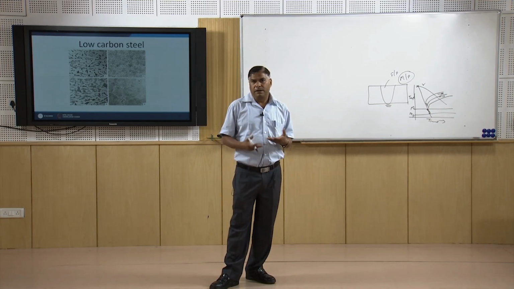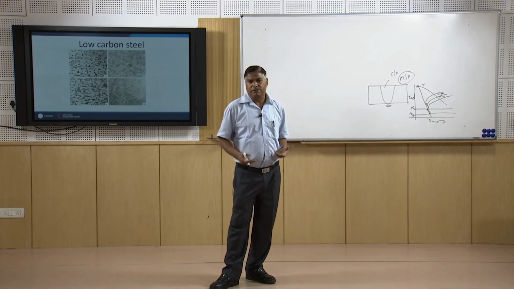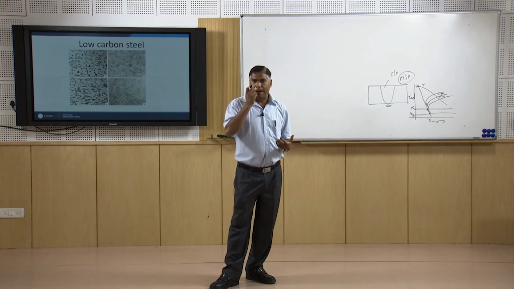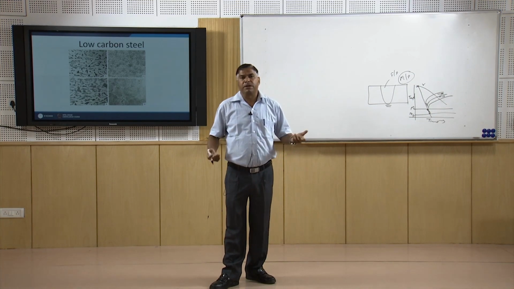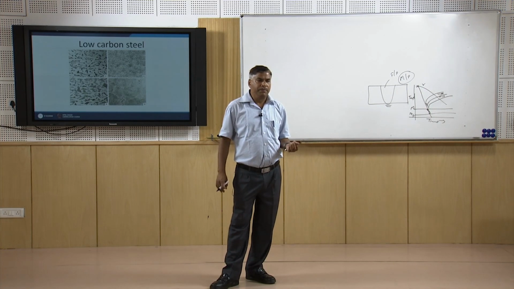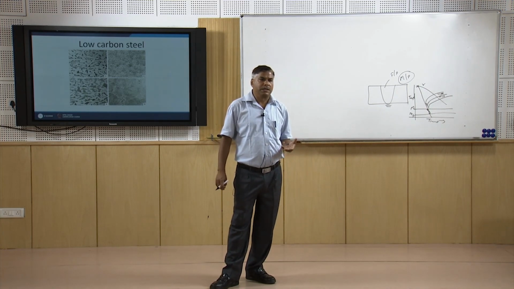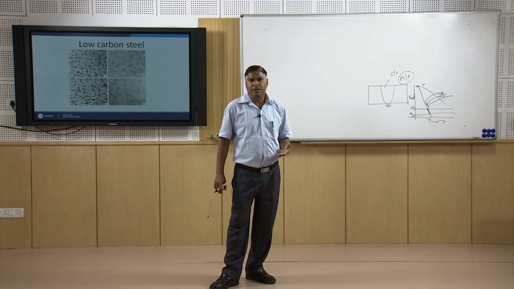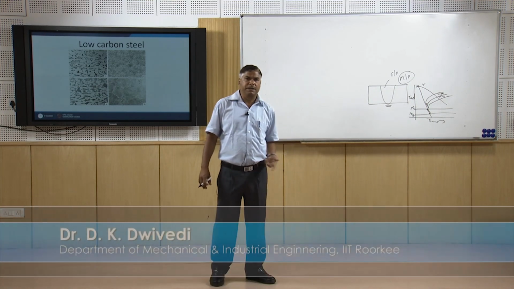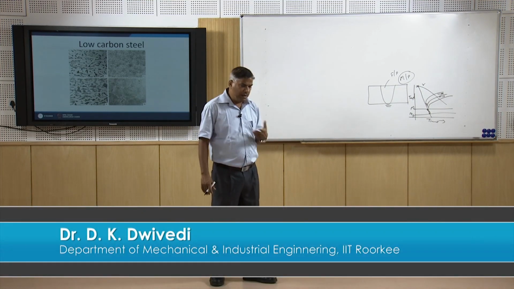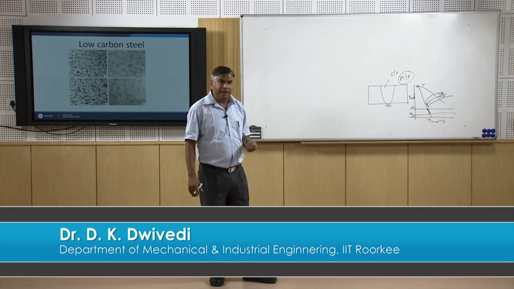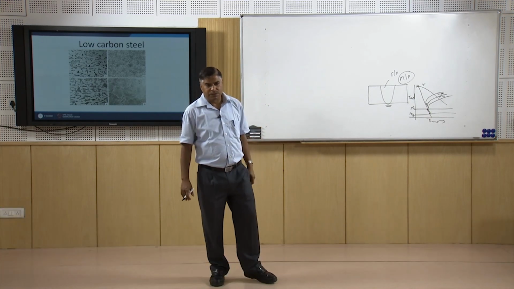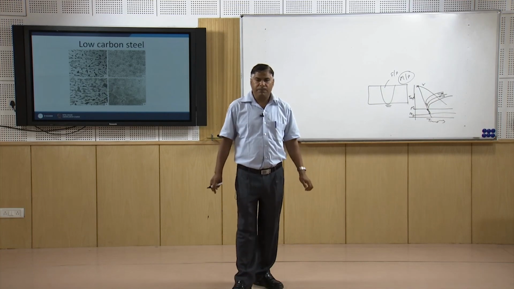To avoid the loss of toughness and ductility, tempering of the weld joints is invariably done so that toughness can be induced. So, heat treatment is done so that toughness can be induced, and the related residual stresses can also be reduced. So, thank you for your attention.